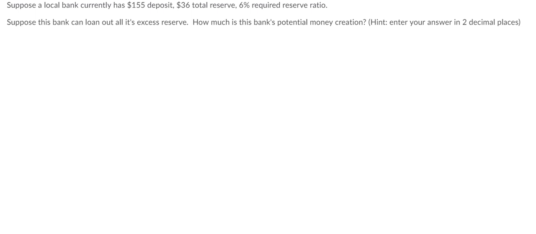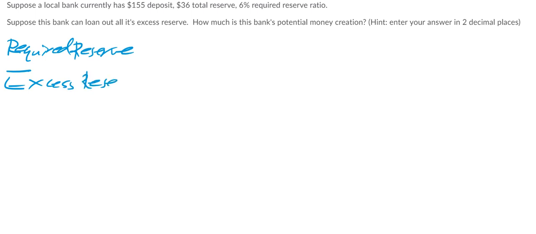Then what is our excess reserve. Then how much is our money multiplier. And lastly, how much is our money creation.